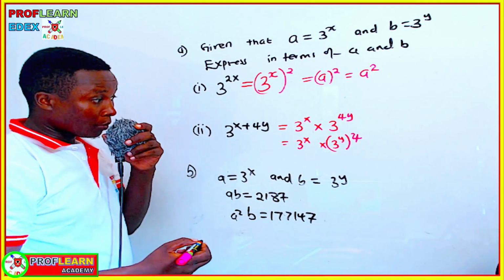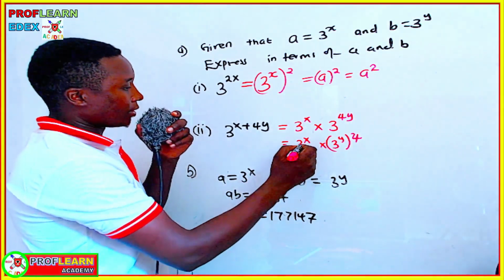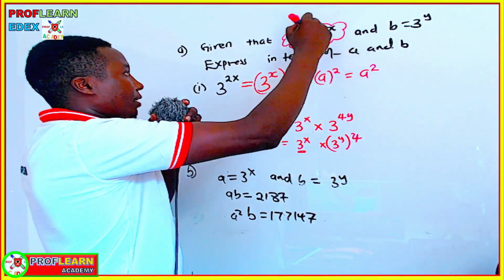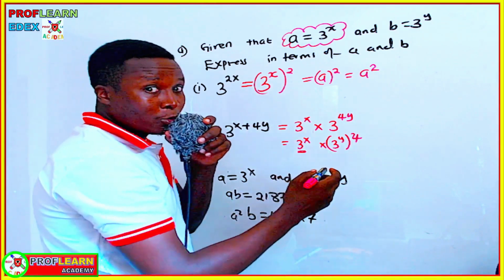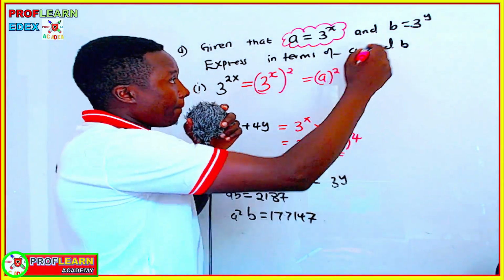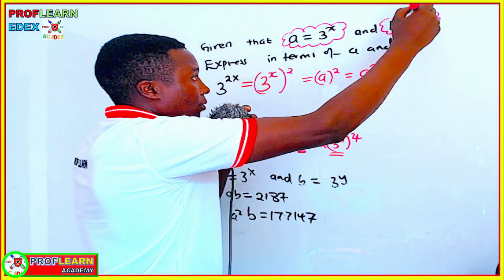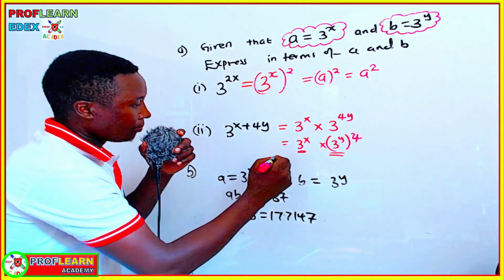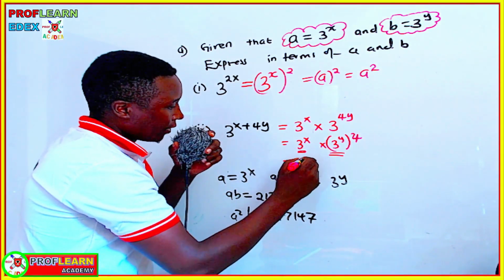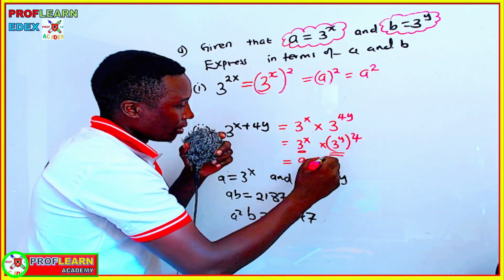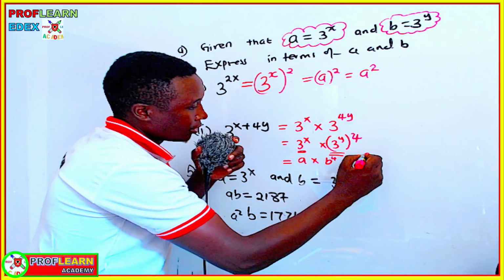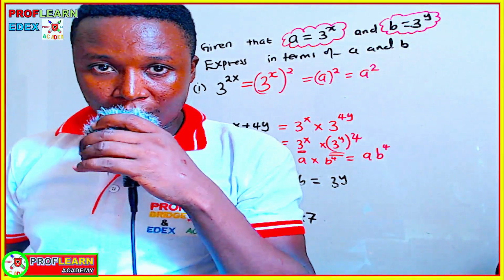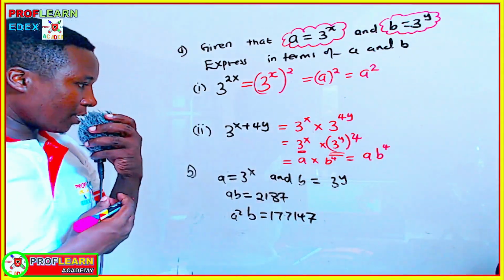So now we can substitute 3 raised to power x with the A we had, and we can substitute 3 power y with B as we were given there. So we are going to have A times B raised to power 4, so this is A B raised to power 4. Those are the laws of indices we were using at that point.